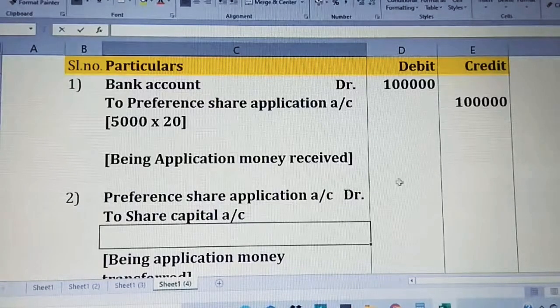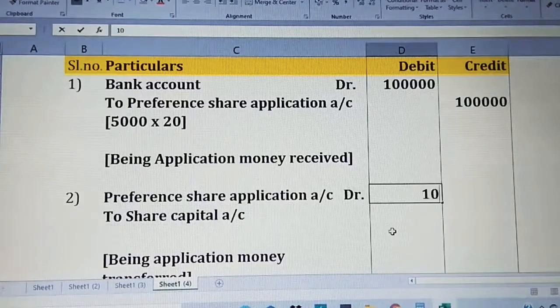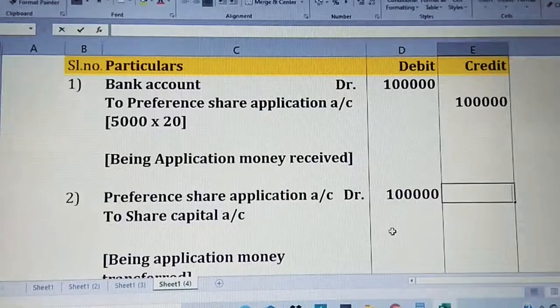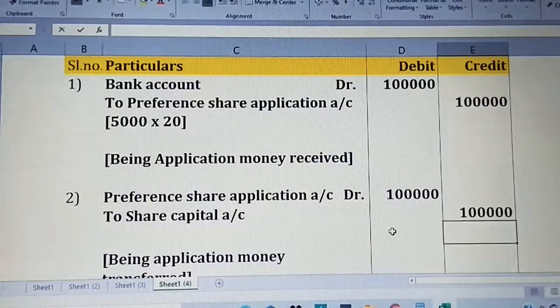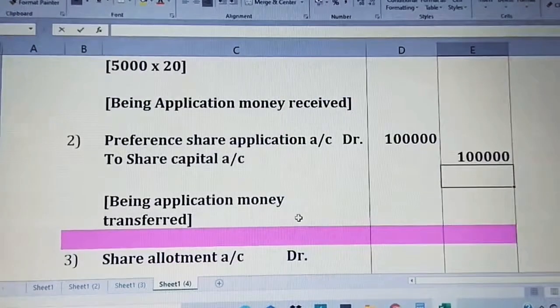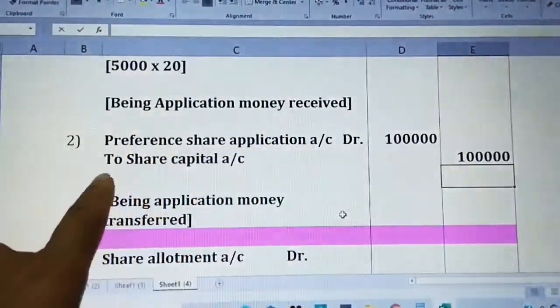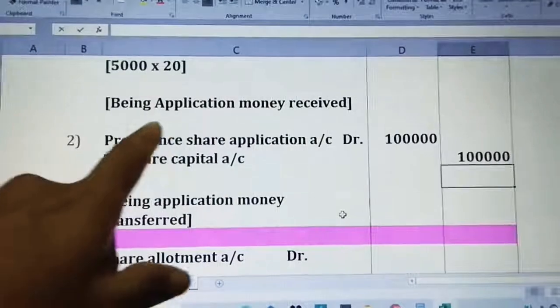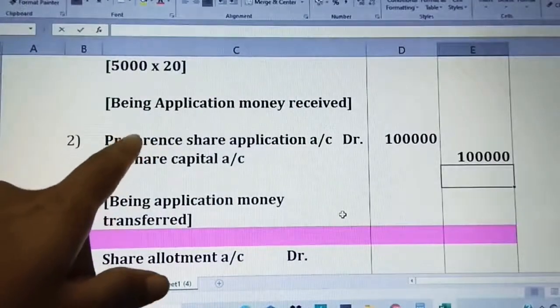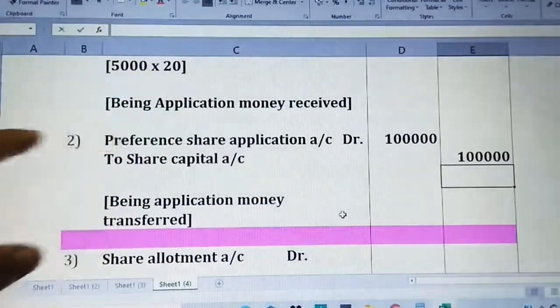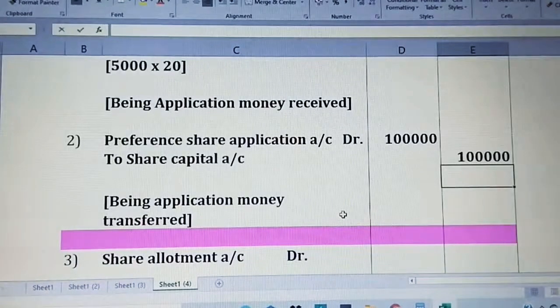We take the value that is actually received and just transfer it. Being application money transferred. Just observe: preference share application account debit to share capital account. See, only this word will keep changing. If it is equity, equity. Preference, preference. If nothing is given, it's very simple, it's only share.